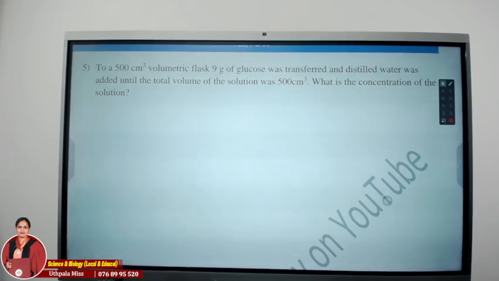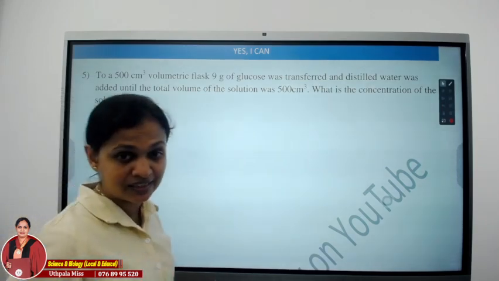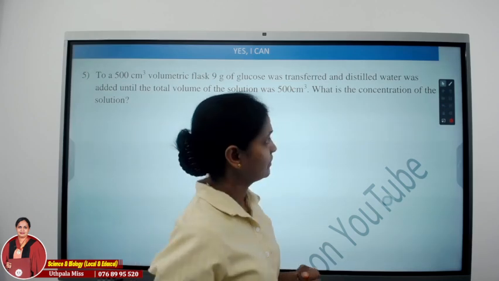To a 500 cubic centimeter volumetric flask, 9 grams of glucose was transferred and distilled water was added until the total volume of the solution was 500 cubic centimeters. What is the concentration of the solution? This came in a slightly different way. Now they ask the concentration.